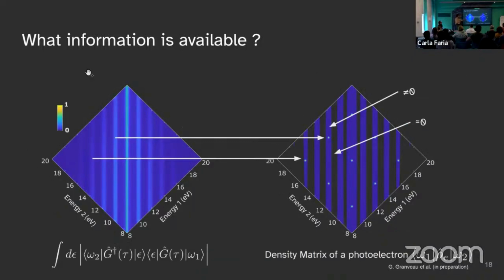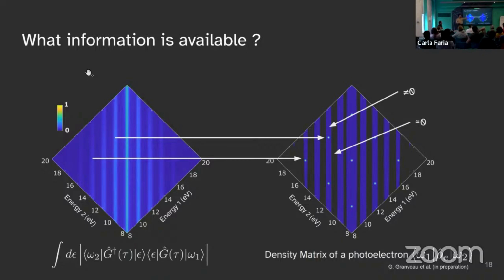Again, I've got the integral. Here I've got the density matrix, and when it's large, it means that this function is almost zero, and when it's not large, it means that it's above zero, and the rest as well. So we can see that for this density matrix, every part where the density matrix has some information, this function is non-zero.